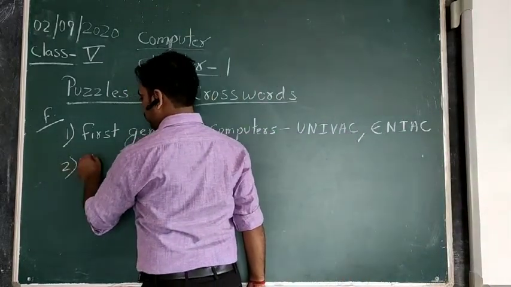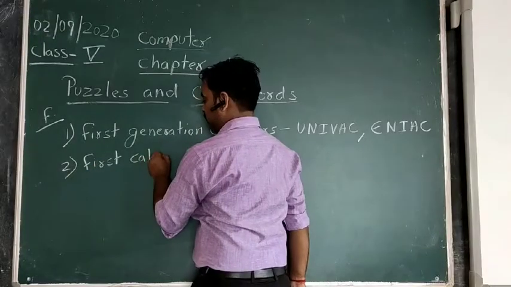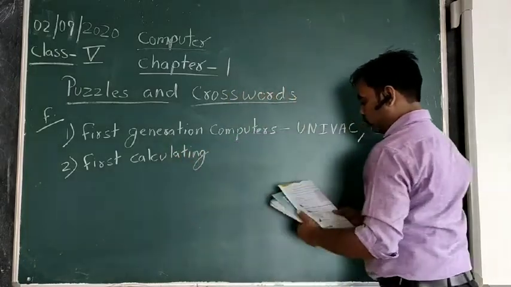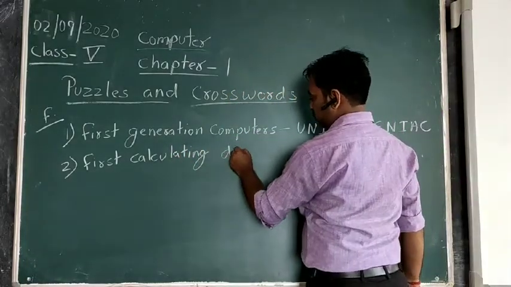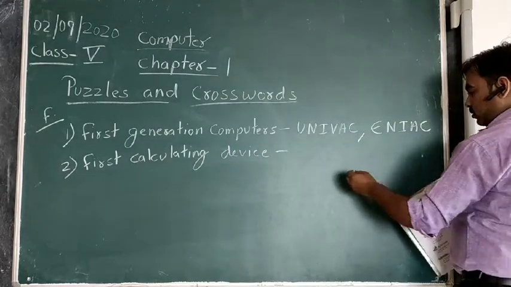Second one, first calculating device. The first calculating device was abacus.